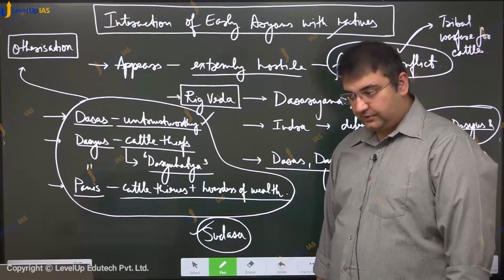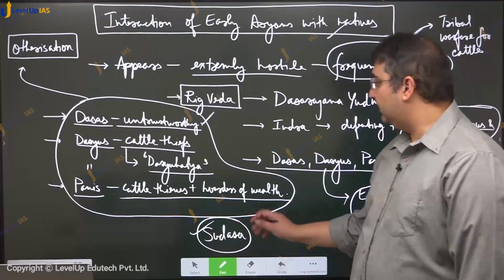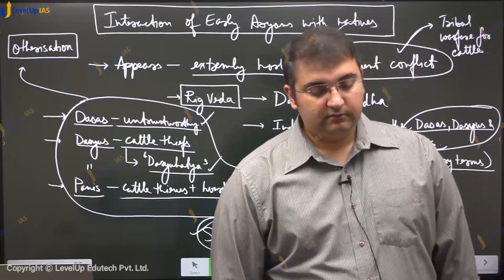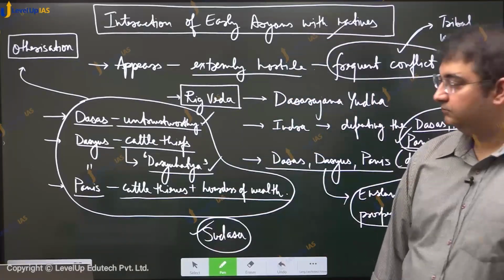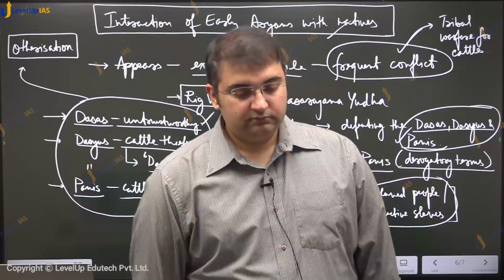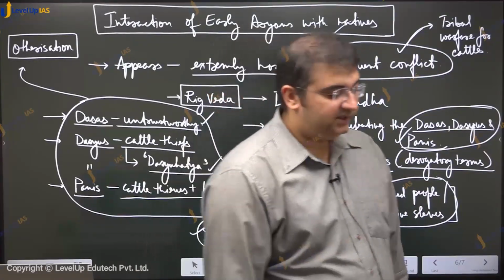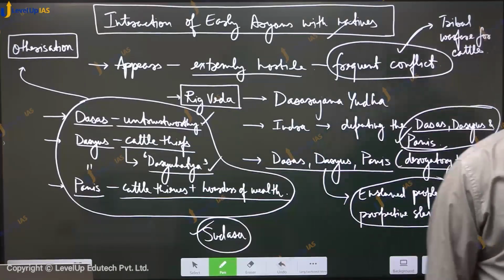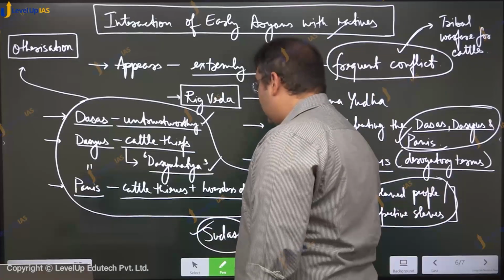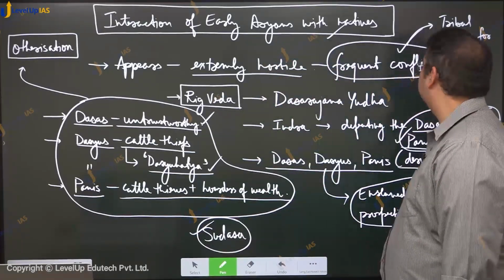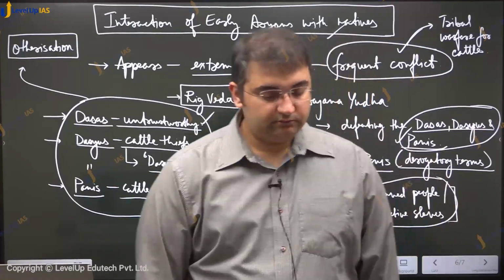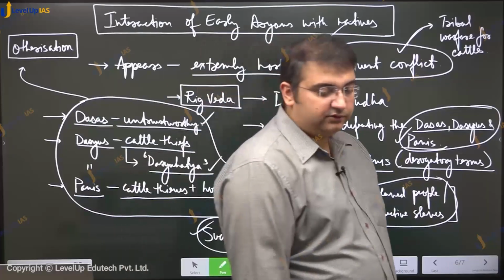On the basis of which Dasyu Hatya was justified. Third example, Panis were also described as cattle thieves and hoarders of wealth. Full stop.